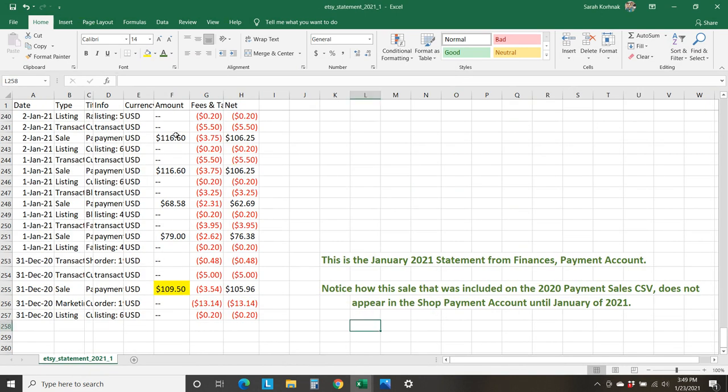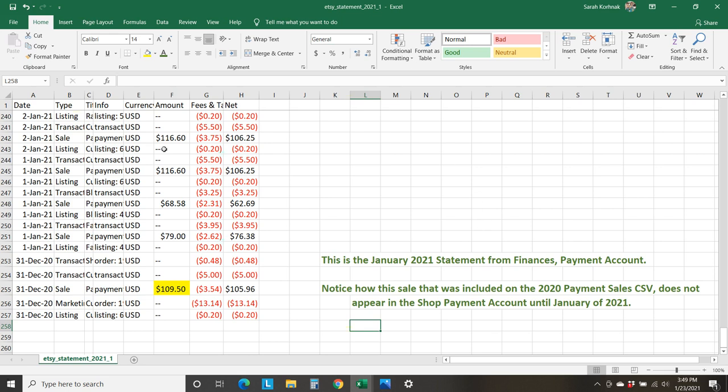And the reason why we use the statement CSV file from the shop payment account every month is so that we can tie to the ending Etsy balance per Etsy and then per the Etsy bank account in QuickBooks. You'll know from my video that that's an important step because it tells us that we have done everything correctly. And if we were using a different report, we're not going to tie to that ending Etsy balance, and that's like our checks and balances. That is our cue that we really have done everything correctly.